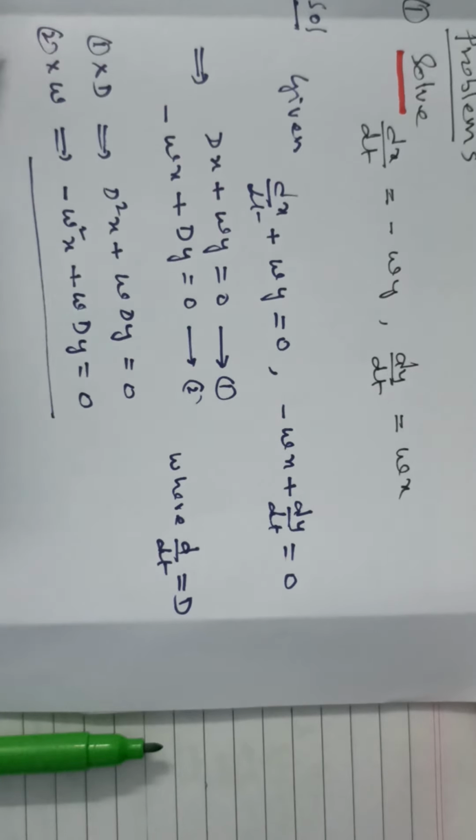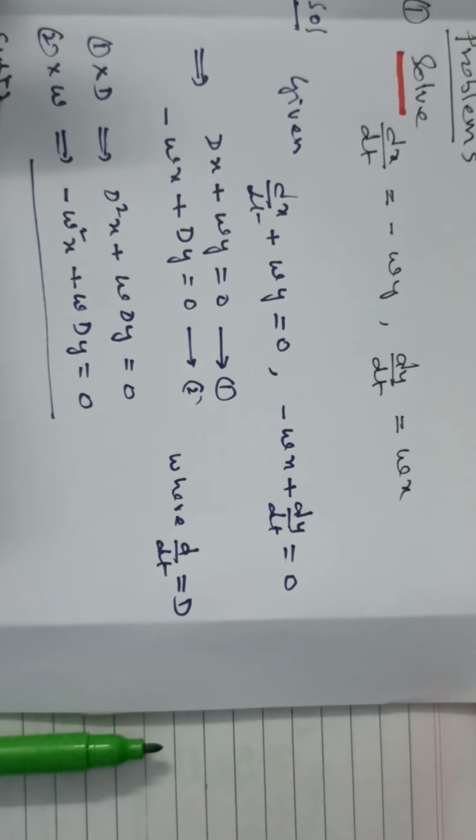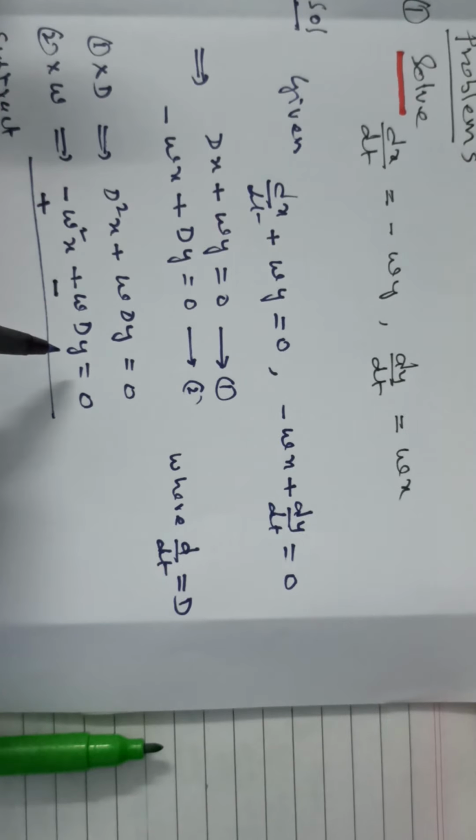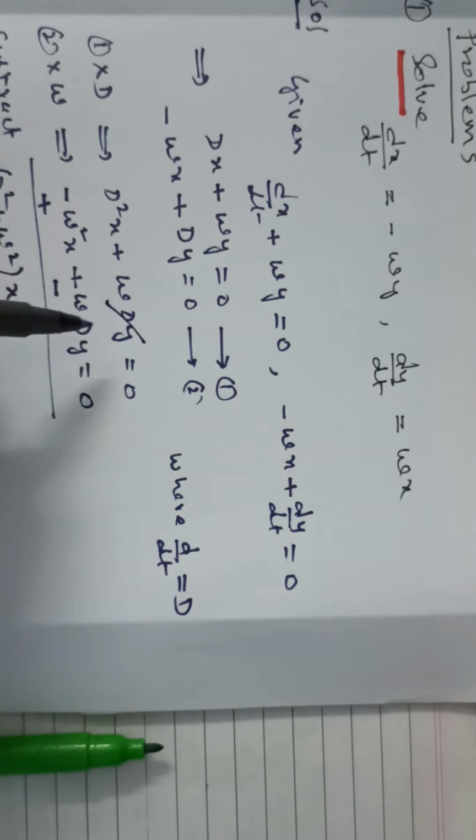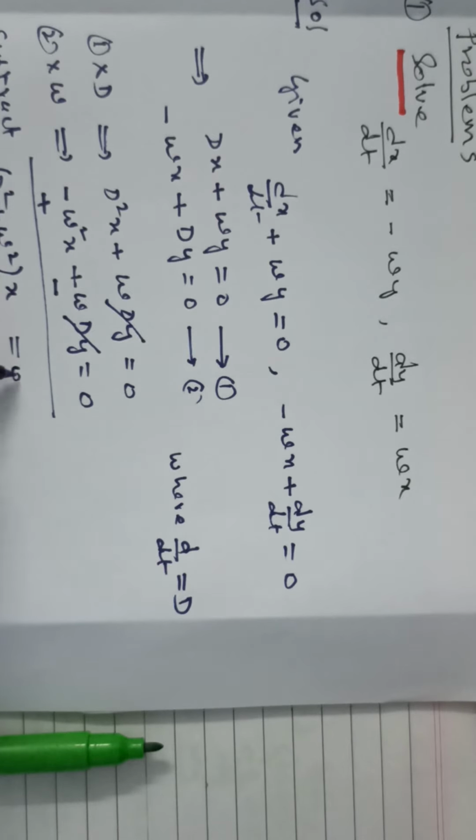Subtract, this should be plus, minus. So subtract, the simplification is, as x is common in both, D square plus omega square of x, these terms being cancelled, is equal to 0. Take this as equation 3.